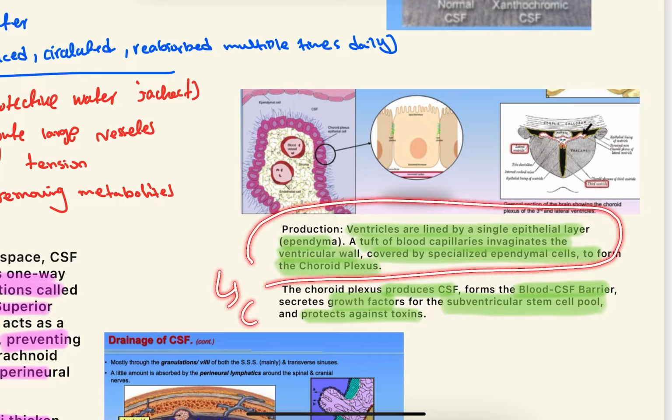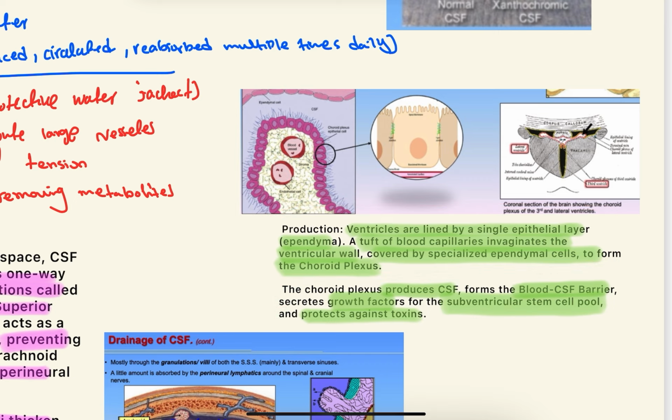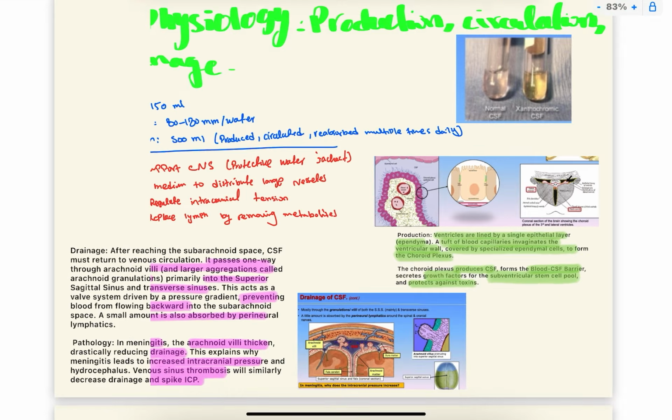I said it will give me the CSF. So by giving me the CSF, I'll have the CSF-blood barrier. It will give me the growth factors, a stem cell pool, and protect against any type of toxins.